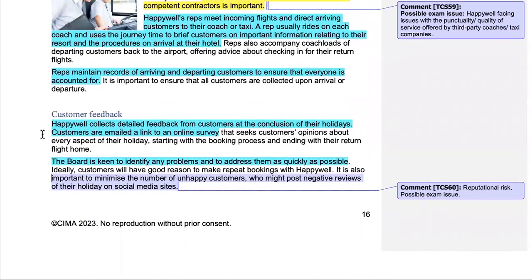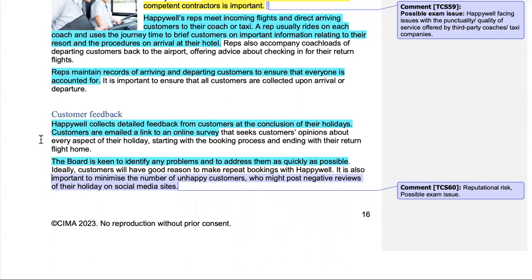And when looking at how the company views customer feedback, Happywell collects detailed feedback from customers at the conclusion of their holidays, and customers are emailed a link to an online survey. And the board is keen to identify any problems and to address them as quickly as possible. That's the most prudent thing to do, because you need to listen to your customers.